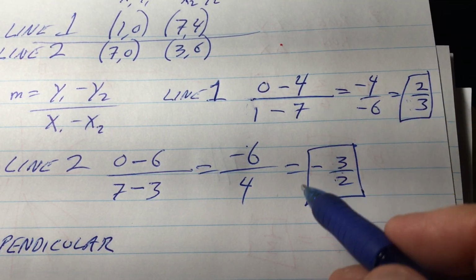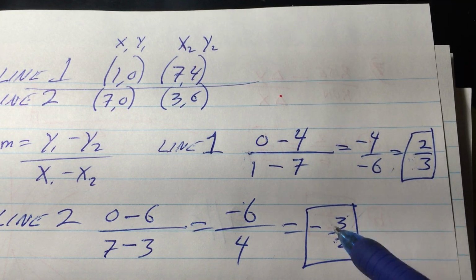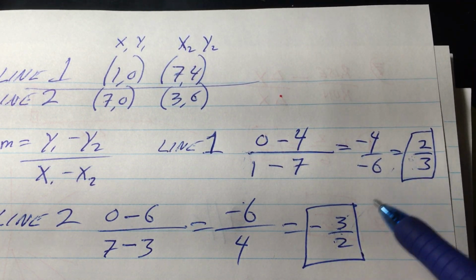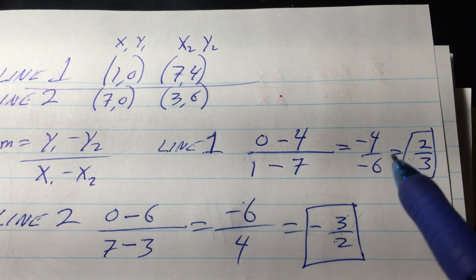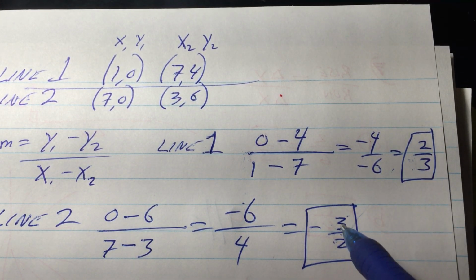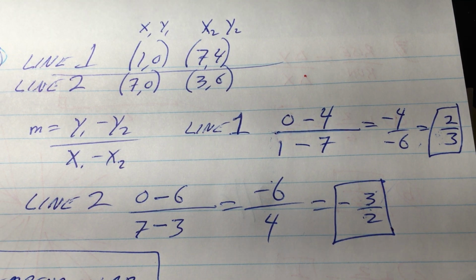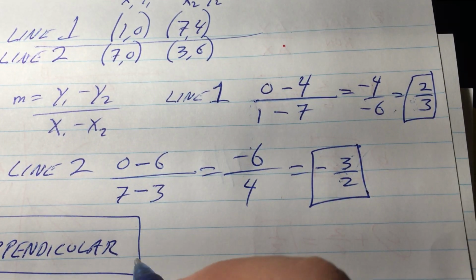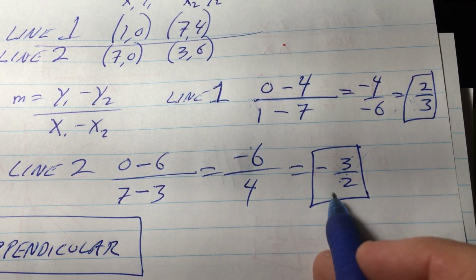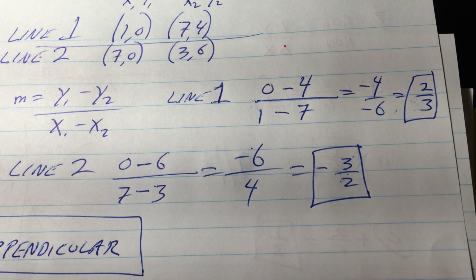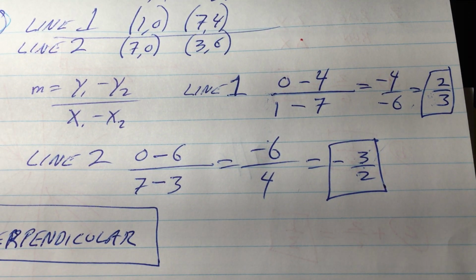This work justifies your answer because the slopes are negative reciprocals, or you can say when you multiply them, you get a negative 1. So the answer is they're perpendicular. If you want to write it out, you can say because their slopes are negative reciprocals of each other.